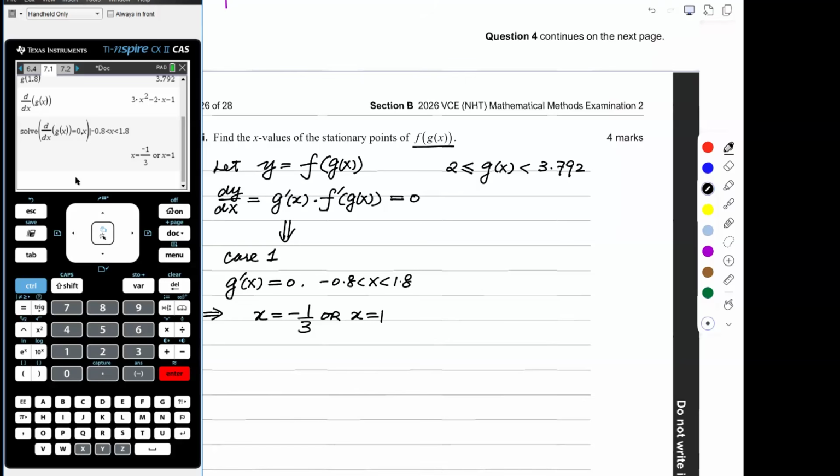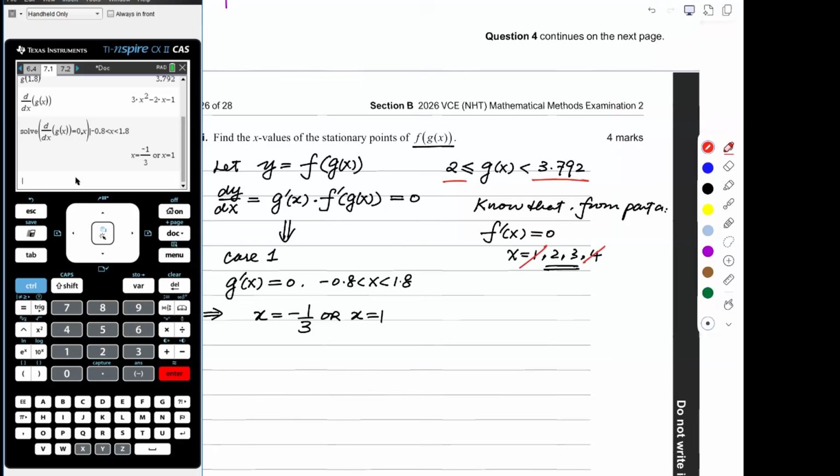Case 2. Know that from part A, f'(x) equals 0 at x equals 1, 2, 3, 4, right? So those 4 values. But only 2 and 3 will satisfy 2 to 3.792.